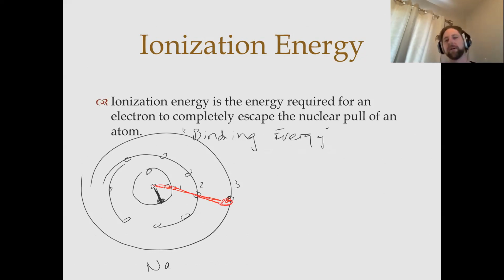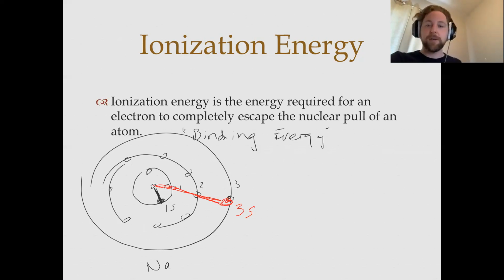So that 3s electron here is going to have a lower ionization energy than a 1s electron, mainly due to where it's located. 1s electrons are really close to the nucleus, costs a ton of energy to be removed. 3s electrons are going to be the furthest from the nucleus, lowest binding energy, lowest ionization energy. Just comparing electrons within the same atom.